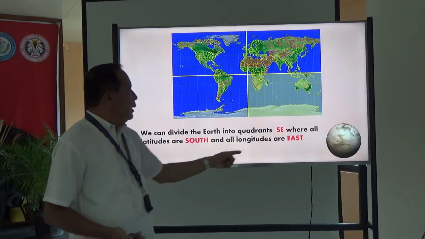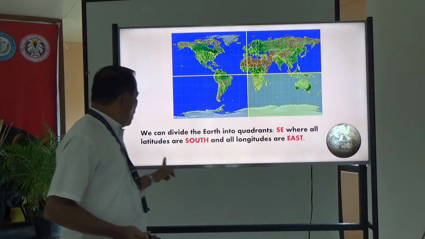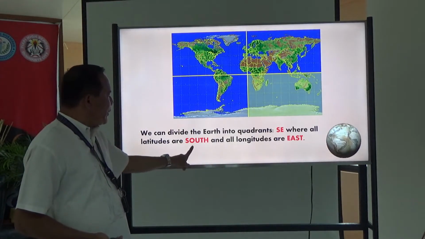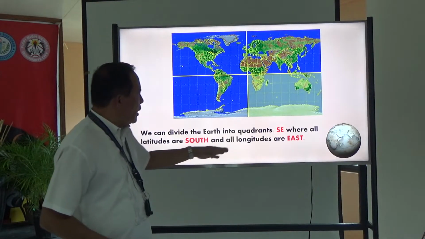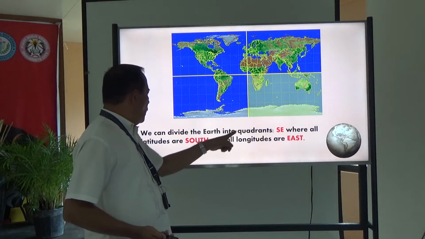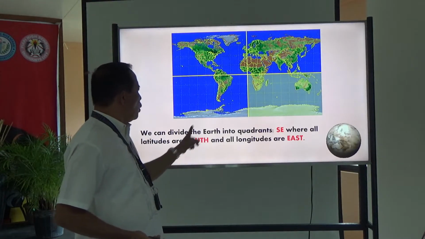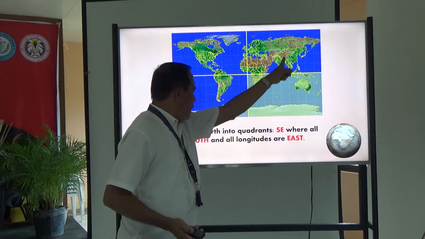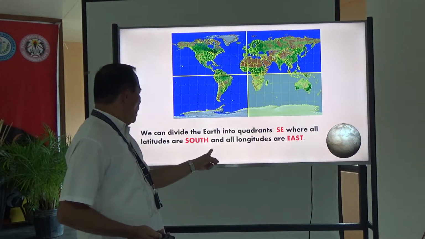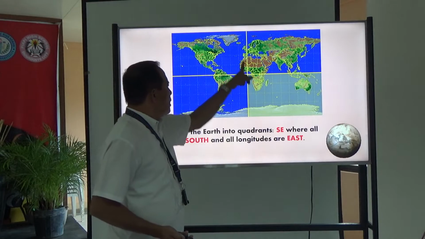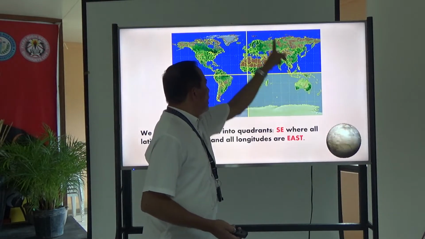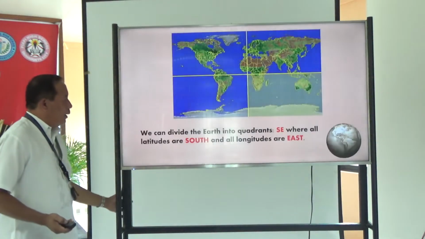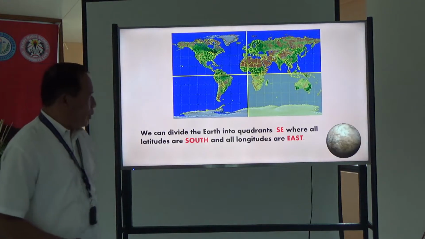And we can divide the Earth into quadrants also. We have southeast, where all latitudes are south and all longitudes are east. Okay, look at this. All latitude is south and all longitude is east. In other words, all the lines that belong to this quadrant are east, while this one here is south longitude.